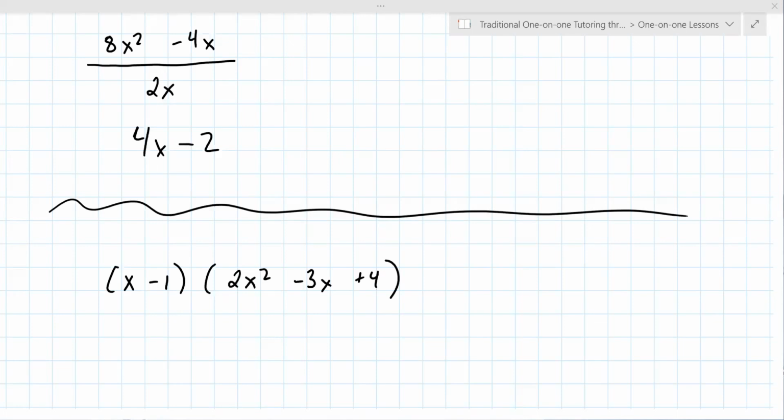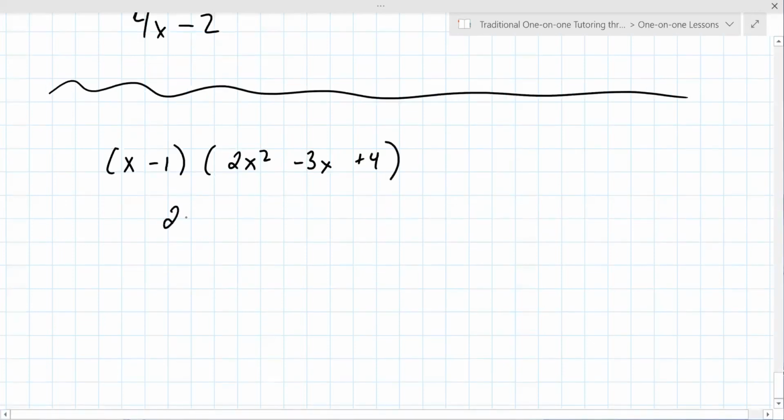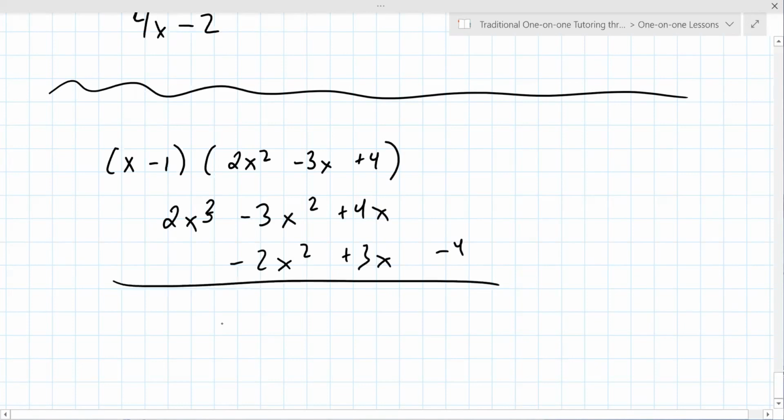I got 2x to the third power minus 5x squared plus 7x minus 4. Let me work this out here, and if you see something different, let me know. So 2x cubed, minus 5x squared plus 7x minus 4. Is that right?